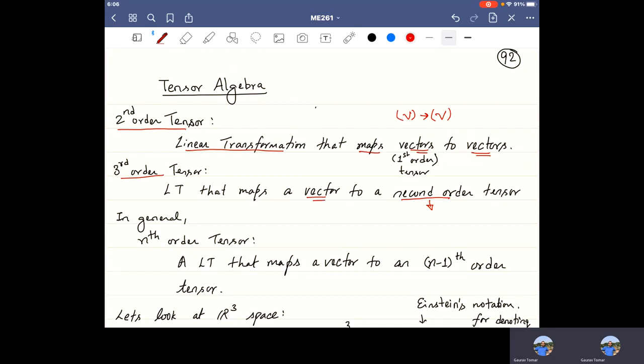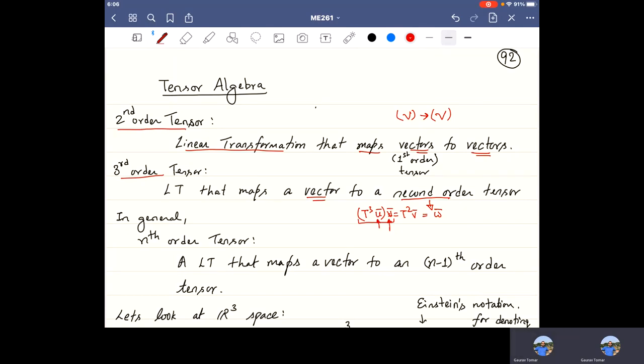Let's call a third order tensor T3, operating on a vector u to get a second order tensor, and then you operate it again on, let's say, another vector v, and you'll get a vector w.